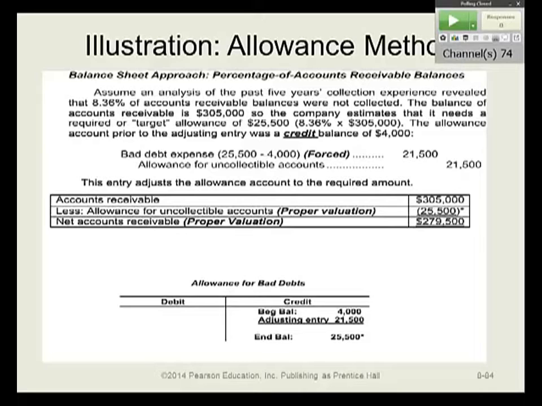So when you write off an account under the allowance method, the net realizable value of accounts receivable is unchanged. It was 279.5 before the write-off, and it is now 279.5 after the write-off. So it does not change the balance sheet. And that's because you've provided, and that's the whole notion of the allowance account, if you've provided for these losses, when they occur, it doesn't change the valuation.